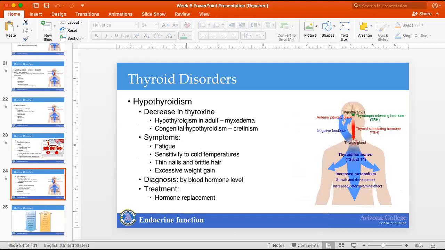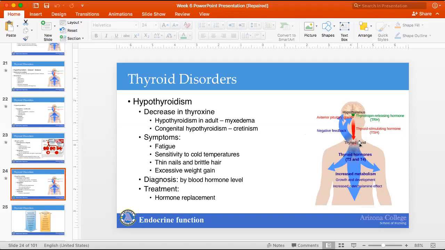Hypothyroidism. So now looking at a decrease in the thyroxine in the blood produced by the thyroid gland. Remember, in this case, you would still have the thyrotropin releasing hormone from the hypothalamus, and you would still have this thyroid stimulating hormone from the pituitary gland being produced, but there's potentially a dysfunction with the thyroid gland itself, where it's either not receiving the message, or maybe somewhere along the line it is not being produced correctly with the releasing or the stimulating.